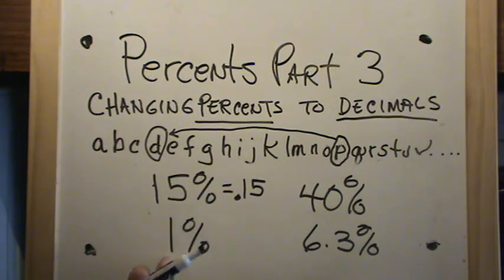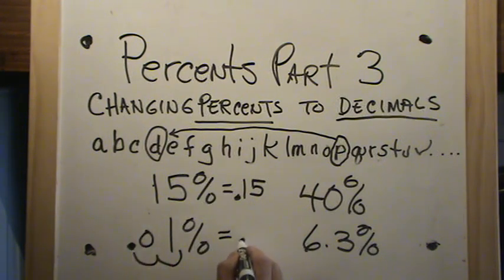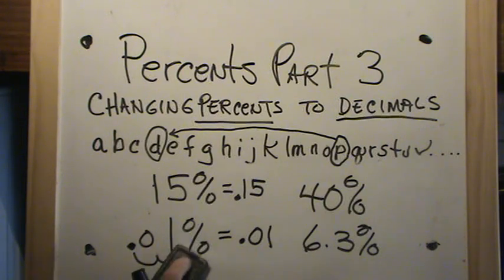Excellent. 1%. We're going to change it to a decimal. We know there is a decimal point here that's not written, and we know we have to move 2 places to the left. 1, 2. Put the decimal, we need a 0. So 1% in decimal form is 1 hundredth.